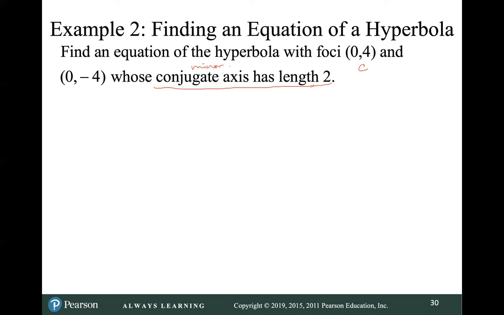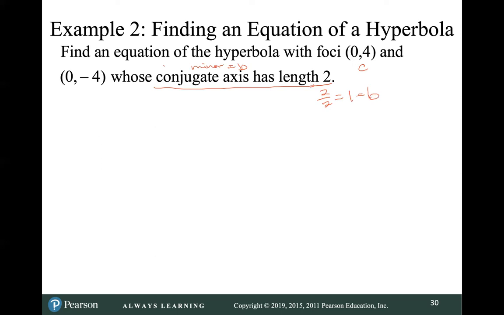So minor is B, or conjugate is B. If my entire conjugate axis has a length of 2, then my semi-conjugate axis is going to be 2 divided by 2, which means that my B value is 1.